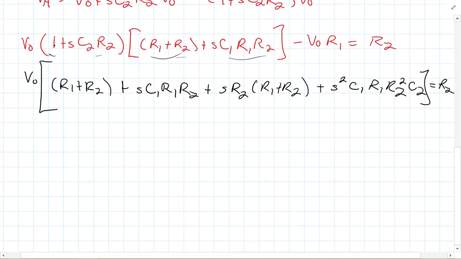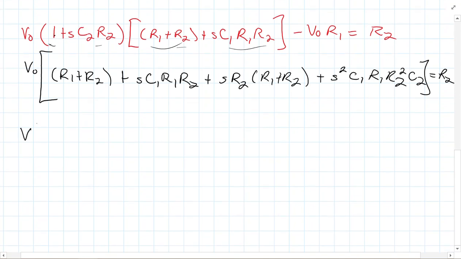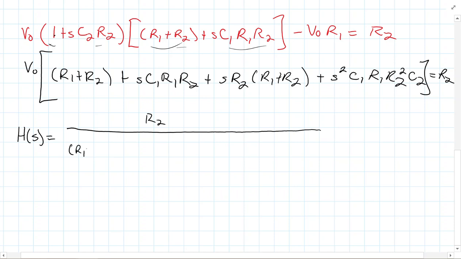Okay, so then my transfer function is going to be messy and we're going to clean it up a bit. My transfer function, V out over V in, is equal to R2 divided by this big mess here. Well, let's go ahead and write it in descending order. S squared R1 R2 squared C1 C2 plus, okay, that's what it was.